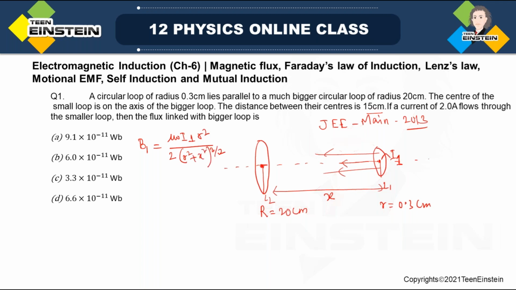So this is the magnetic field created by loop 1. Okay, so the flux with the loop 2 will be phi 2. Suppose this phi 2 will be B1 into A2, where B1 is this one, mu0 I1 r square divided by 2.